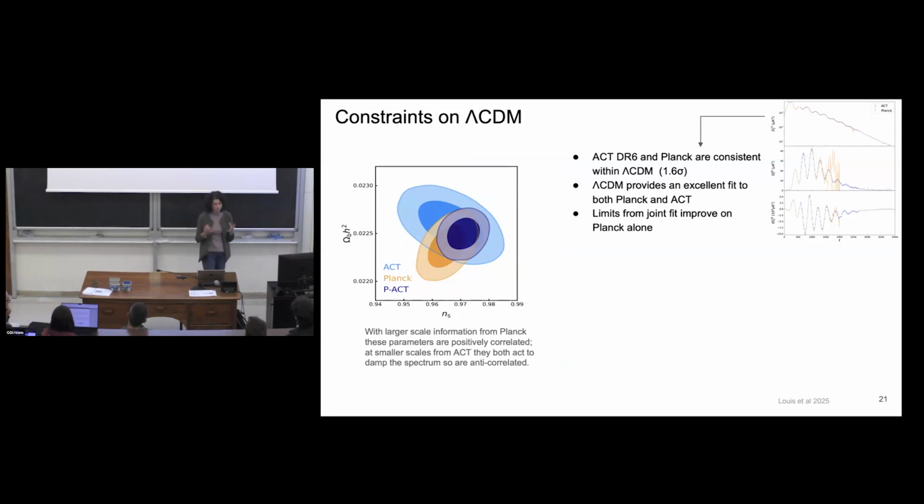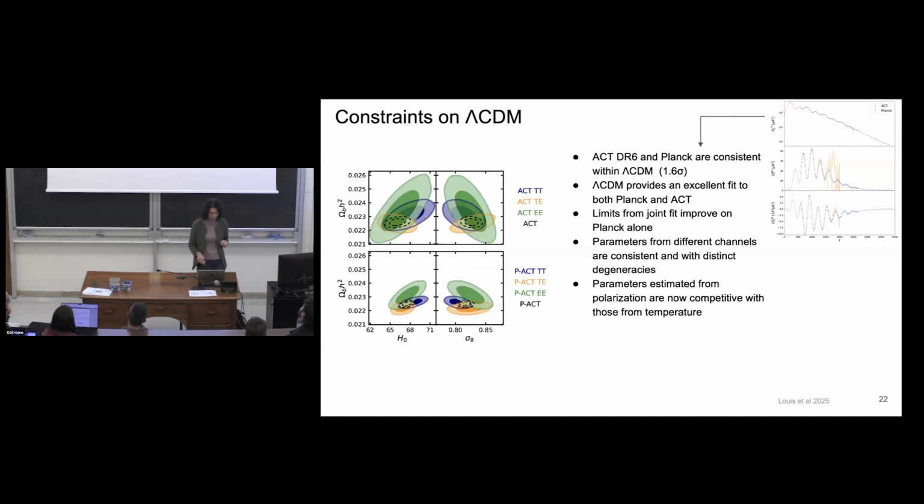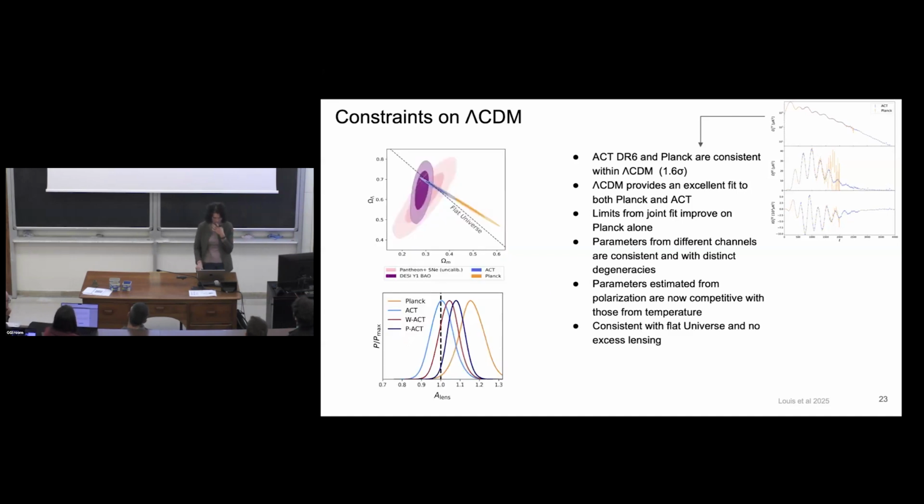And so when you put together the two data sets in what we call the P-ACT combination, you improve on the limits that you have from Planck alone. And so this again becomes a new, more stringent constraint on cosmological models. We tested parameters from different channels and found really good consistency across the results.